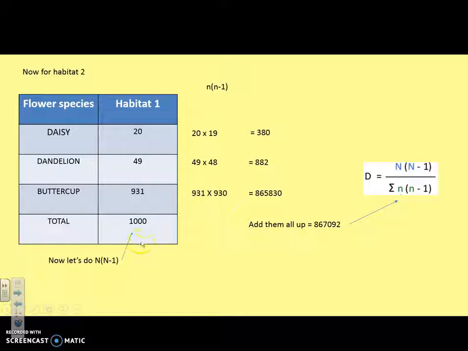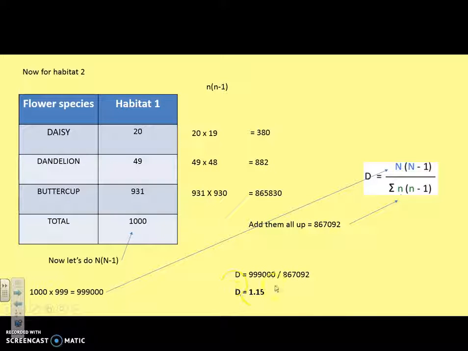We've got big N times N-1, so that's again 1,000 times 999, that's the top, so we're going to do 999,000 divided by 867,092, and you're going to get this number here, 1.15.